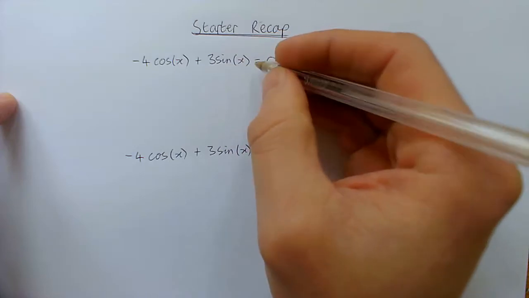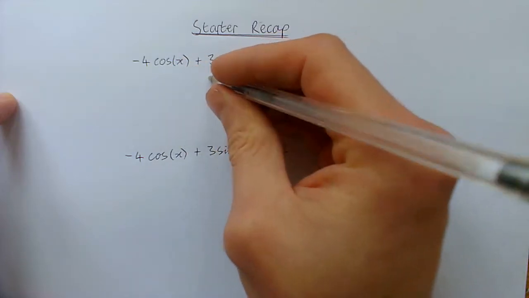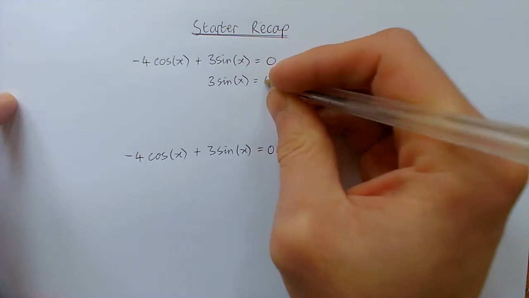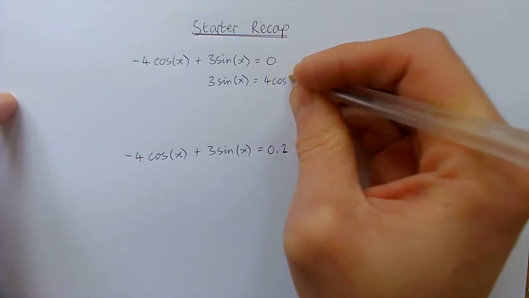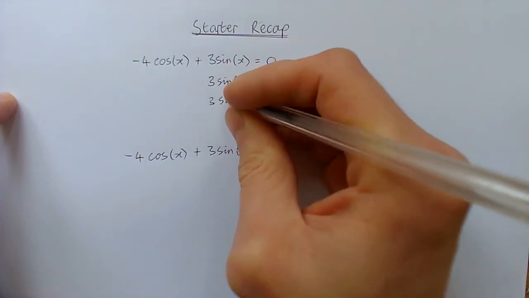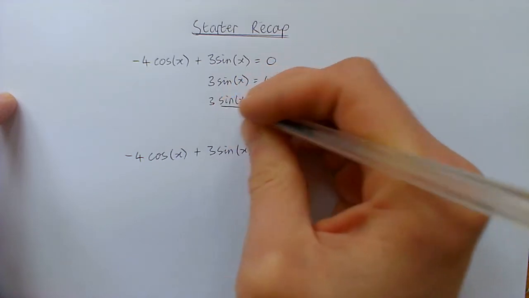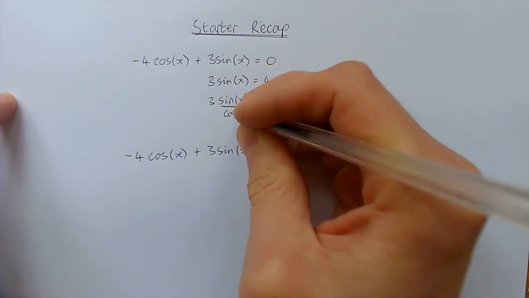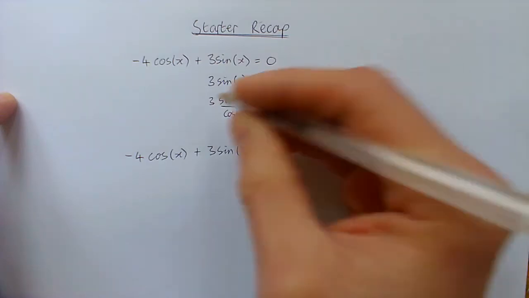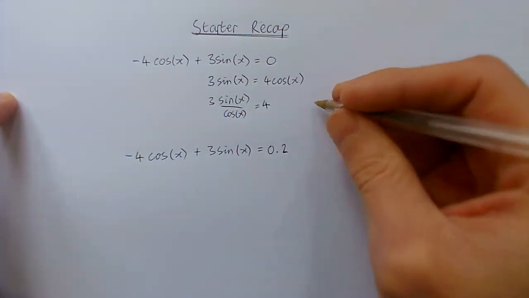So up here, I'm just going to add 4 cos x to both sides. So I've got 3 sine of x equals 4 cos x. Well, I'm going to divide both sides by cos x. So I end up with 3 sine of x over cos of x equals 4. I'm then going to divide both sides by 3.